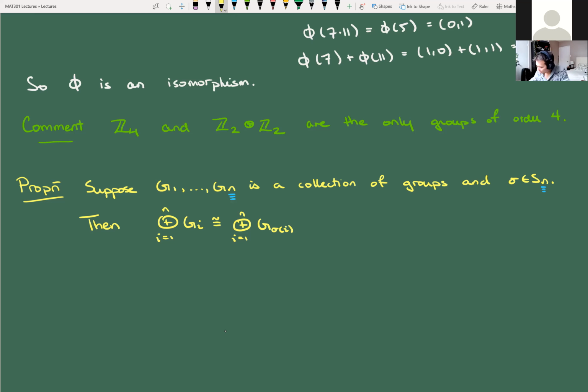What this basically says, maybe let me write this as a comment, is that if you just reorder the groups in the direct product, that is going to be isomorphic. So any reordering of the groups in the direct product is just isomorphic to each other. So reordering the groups results in an isomorphic group.